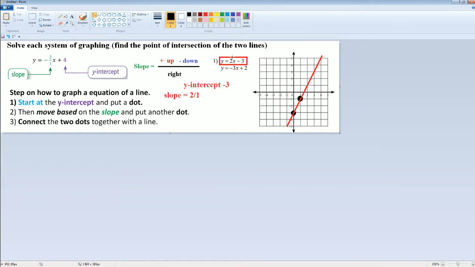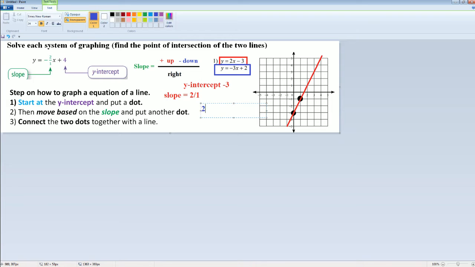Next, let's do the next one. I'm going to call this the blue line. For that one, let's find the y-intercept. The y-intercept is the constant, so +2 is the y-intercept.